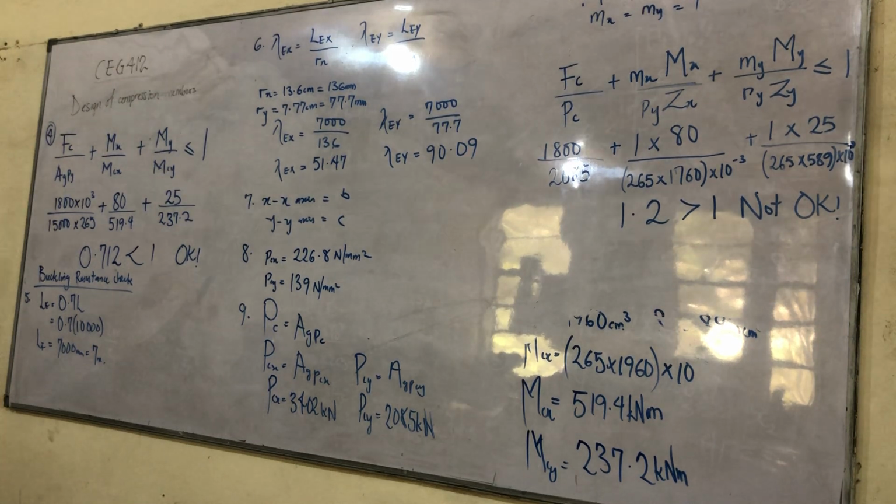Now, it says the ratio beta W should be taken as follows. Now, when we classified our entire cross section, what did it give us? Class 1. So that's what you use for this one too.